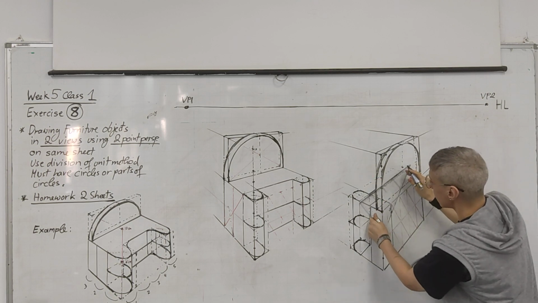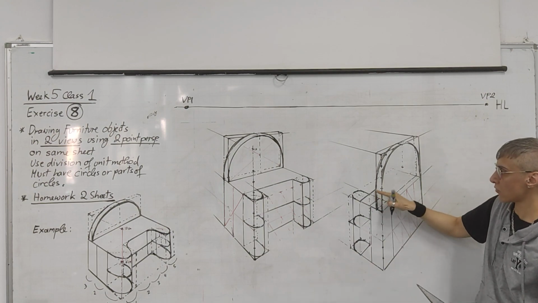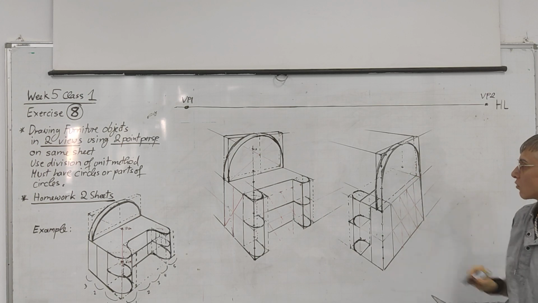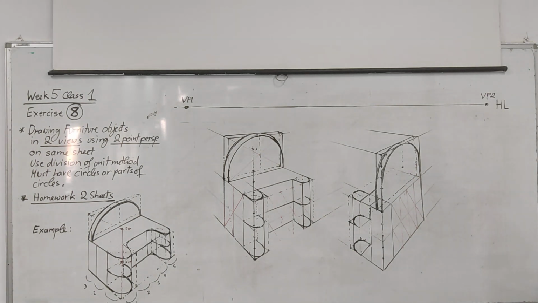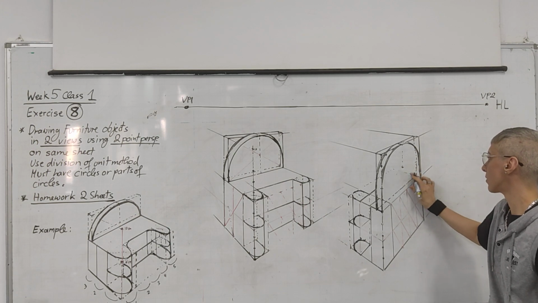So this line here is part of this line. The rest here is hidden, so we don't need to draw what is hidden. All of this is the hidden object.